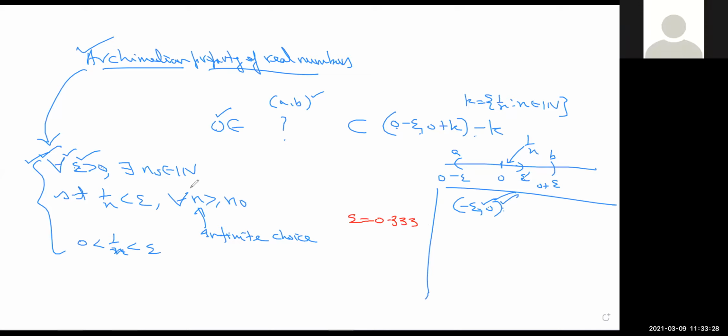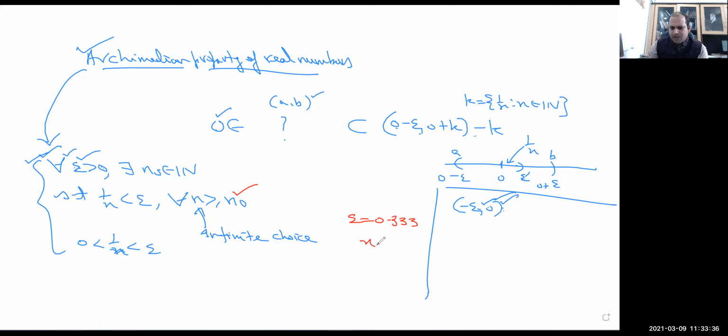So I can always find n naught such that for all n greater than or equal to that n naught, 1 by n will always be less than epsilon. My claim is that one can choose n naught equal to 1 by epsilon, let me take its ceiling value. That will be 4. So for every n greater than or equal to 4, you can check.